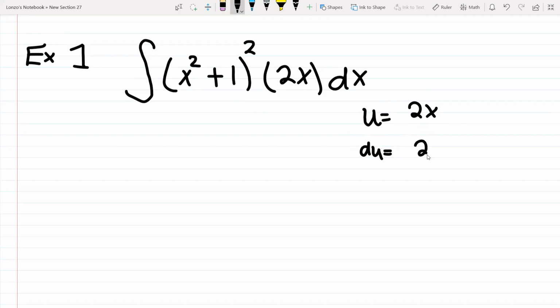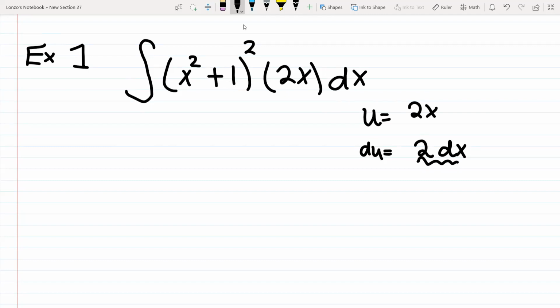It is 2, and then don't forget the dx. The reason why u equals 2x would not work is because you don't see a 2 dx in your problem. We see a 2x dx, and we see an x squared plus 1.